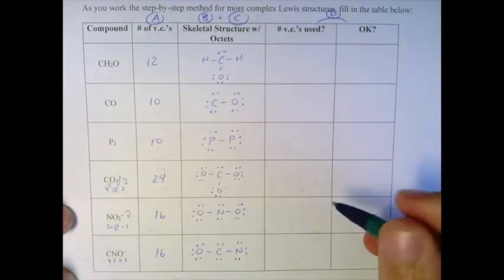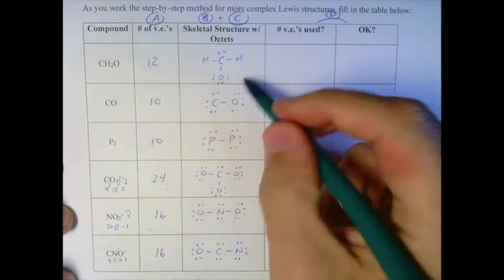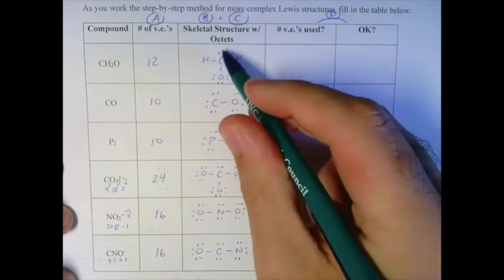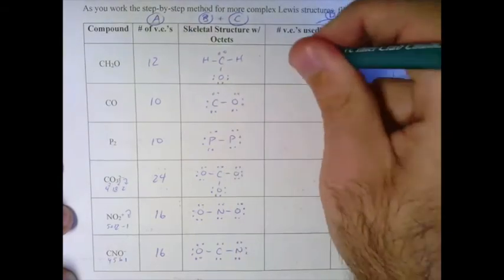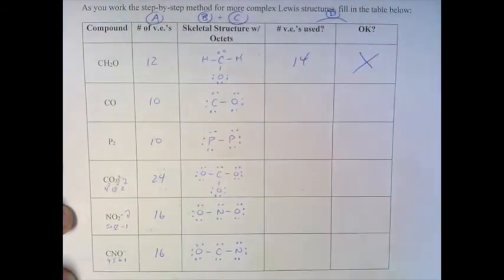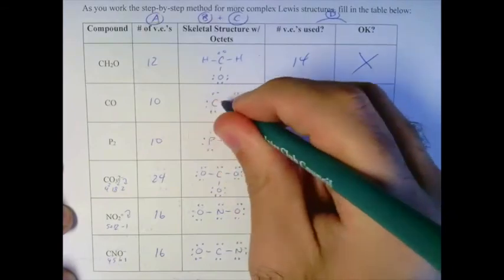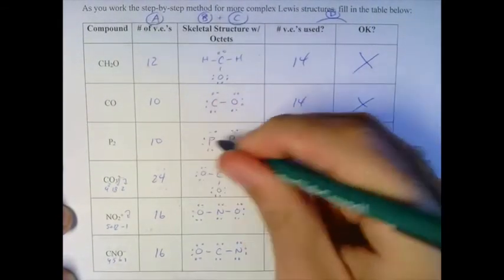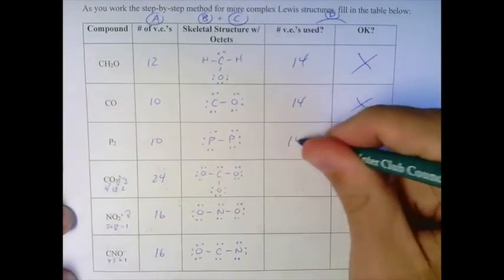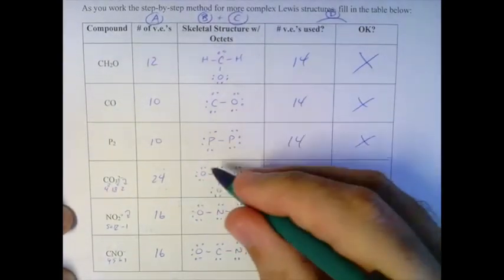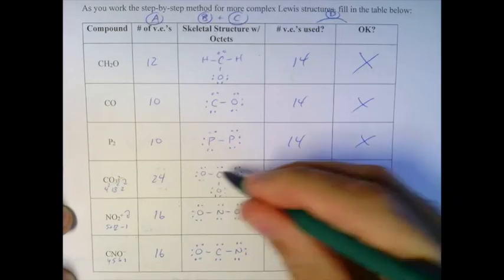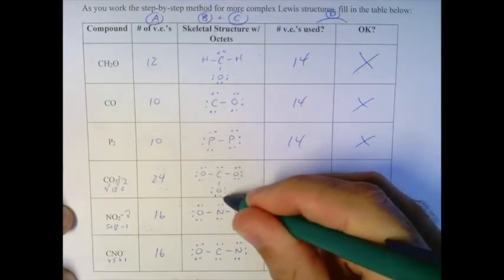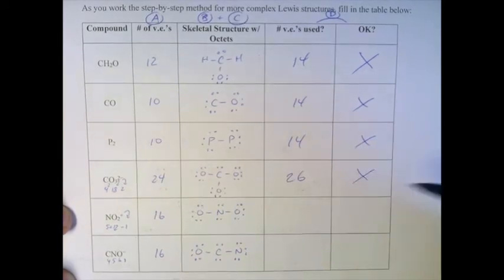And now it's time to count. If I count up all the electrons in formaldehyde, I've got 2, 4, 6 for the bonds, 8, 10, 12, 14. No good. Same count here, 14. No good. Again 14. No good. How about this one? 2, 4, 6, up to 26.